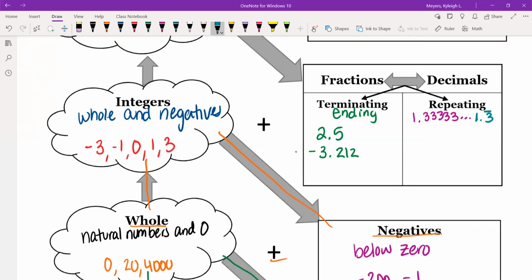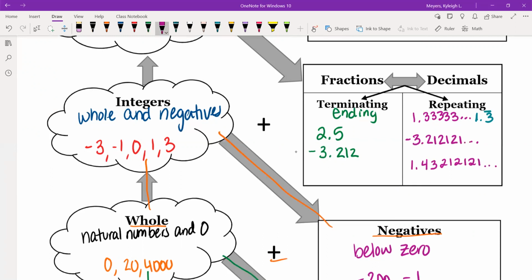Other examples could be like negative 3.212121 or 1.43212121 dot dot dot.